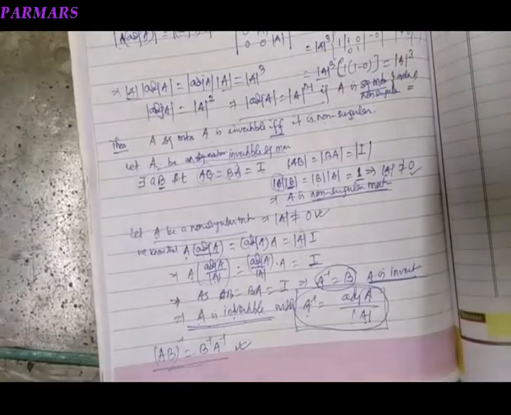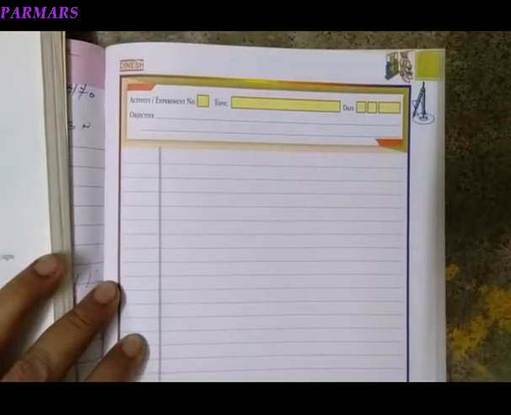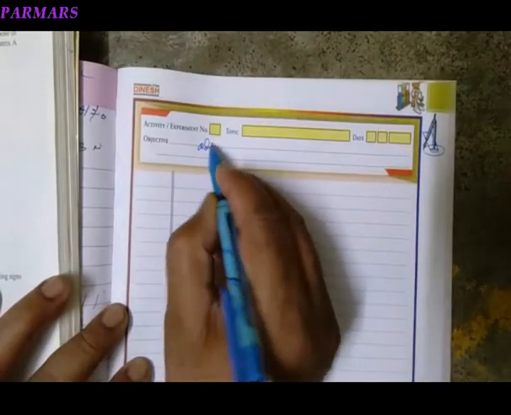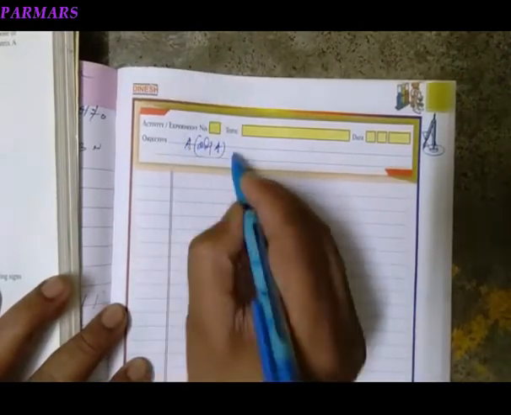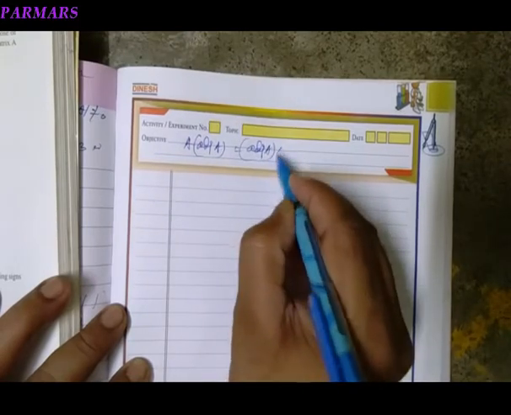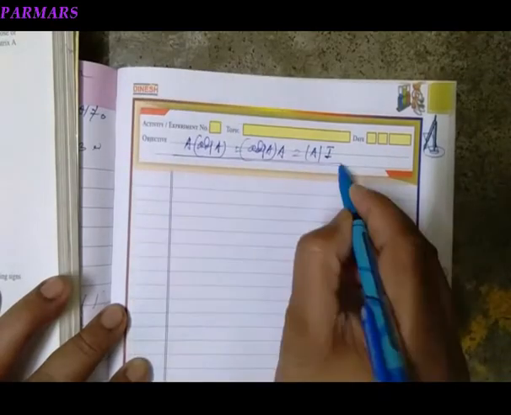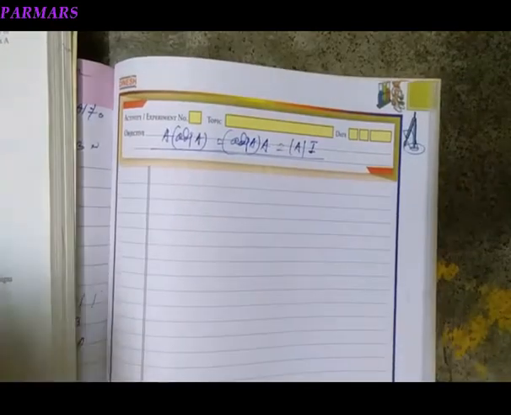So let us do some questions. Now I am trying to prove that adjoint A into A, or A into adjoint A, is determinant A into I. Okay.